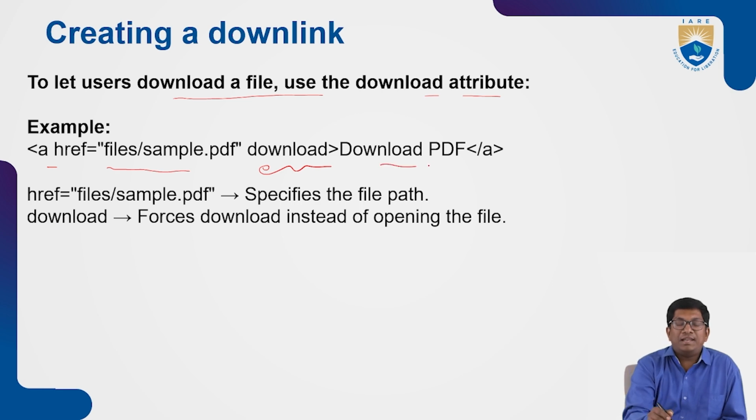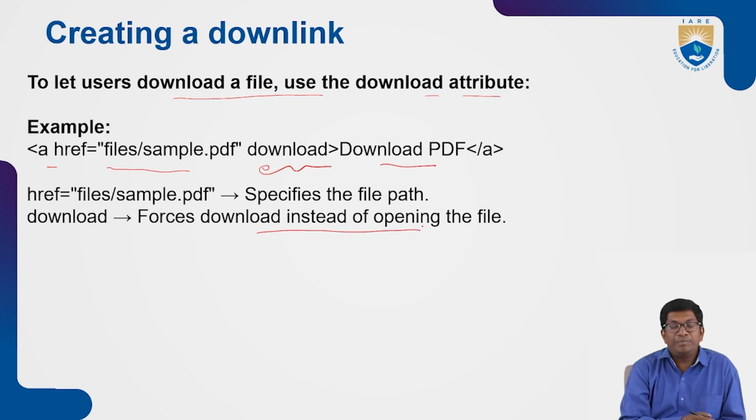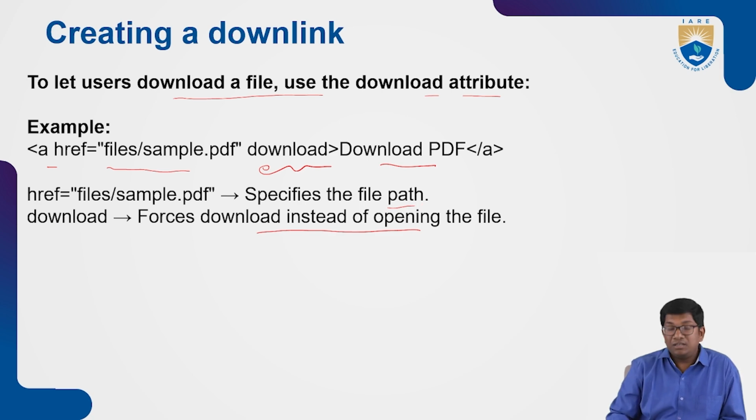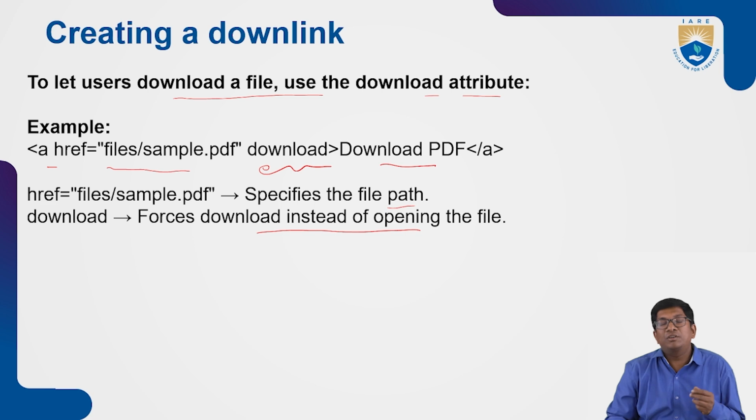If you click on this text, it will download that PDF file or image file. The download attribute forces download instead of opening the file, and href specifies the file path. Okay. So one more attribute is download. Up to now we have three attributes: one is href, another is download, another is target.